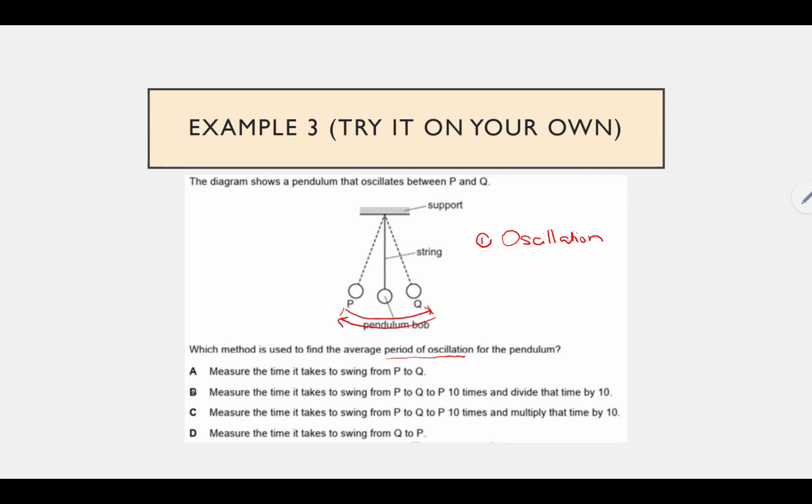So this gives me two possibilities, either B or C. Second thing, if I'm taking this oscillation, this going and coming, 10 times, do I divide or multiply? As we've agreed, we divide. So I've taken this oscillation 10 times, so I need to get the accurate value by dividing by 10. So the correct answer will be B.